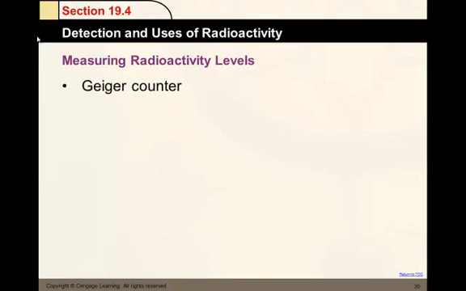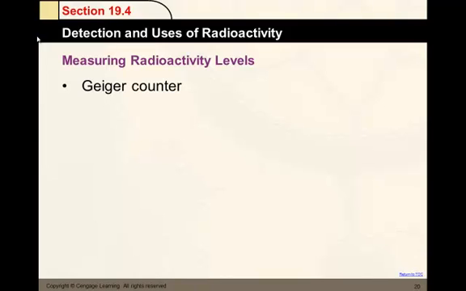So in radioactivity, when an atom is becoming stable and decomposing and producing these particles, alpha, beta, gamma, etc., how do we measure that radiation? And that is with a machine called a Geiger counter.